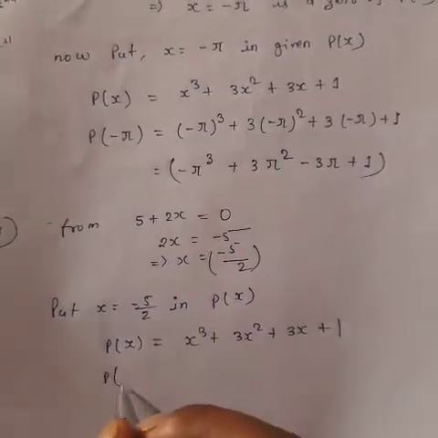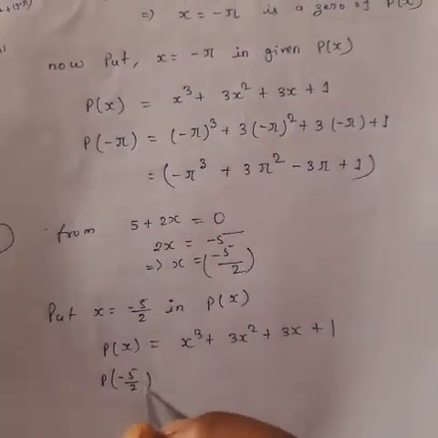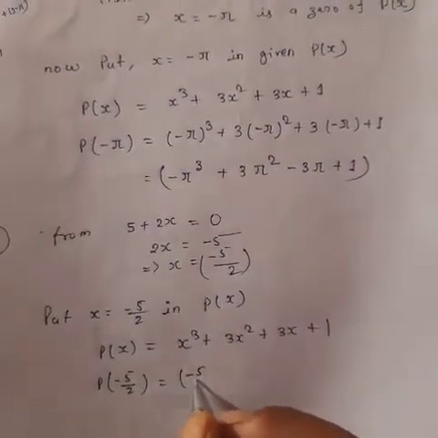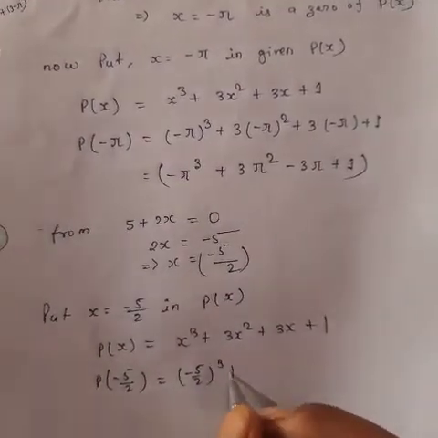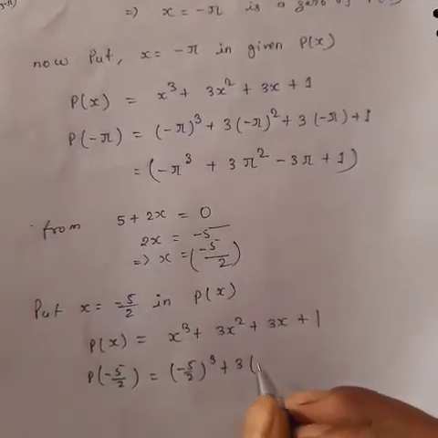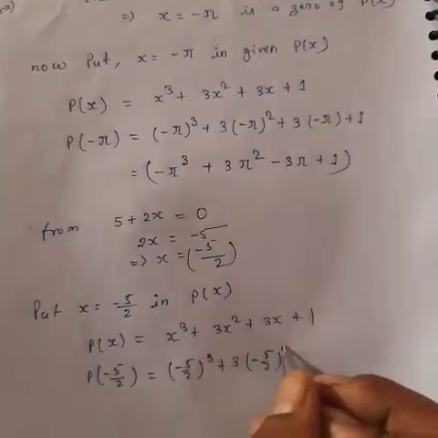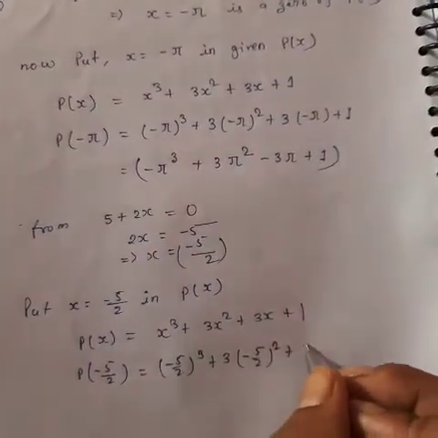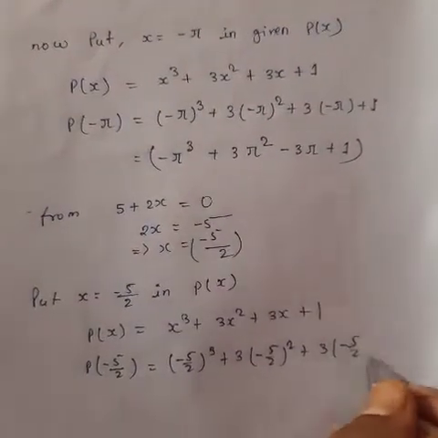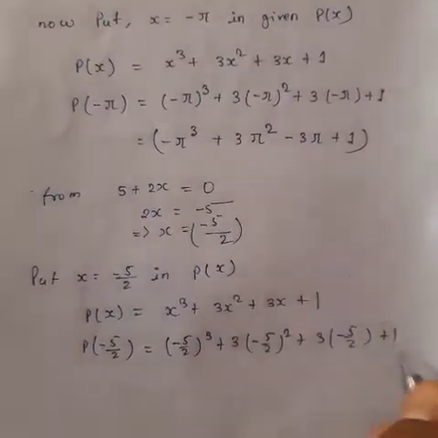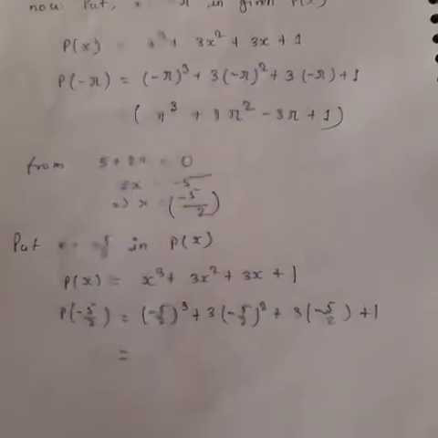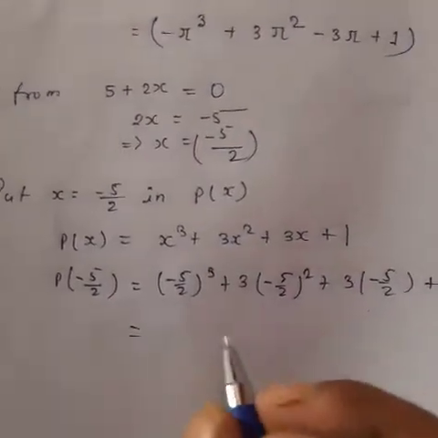So in place of x we will put minus 5 upon 2. So minus 5 upon 2 cubed. The next term will become minus 5 upon 2 whole squared, plus 3 into minus 5 upon 2, and plus 1. So multiplying minus 5 upon 2 three times.